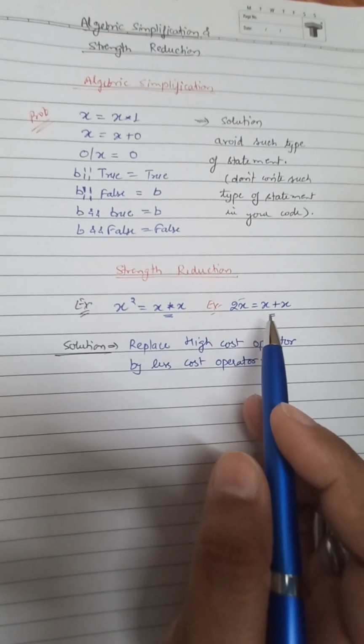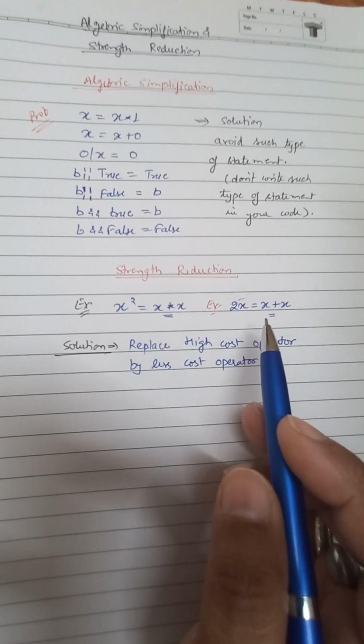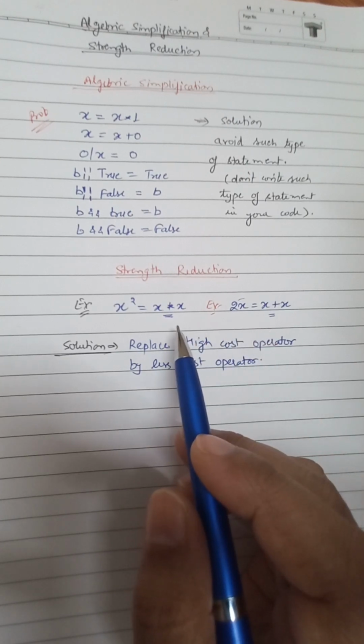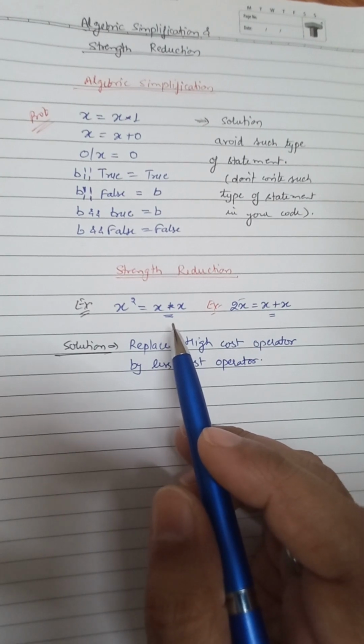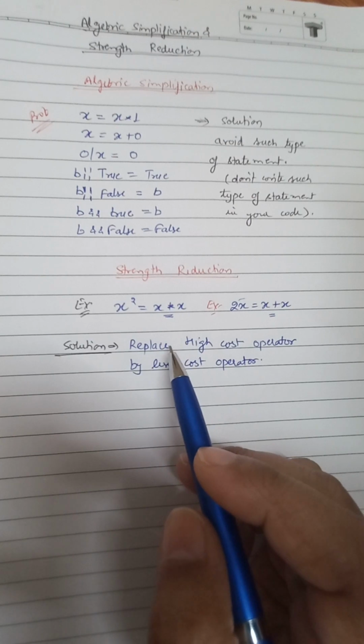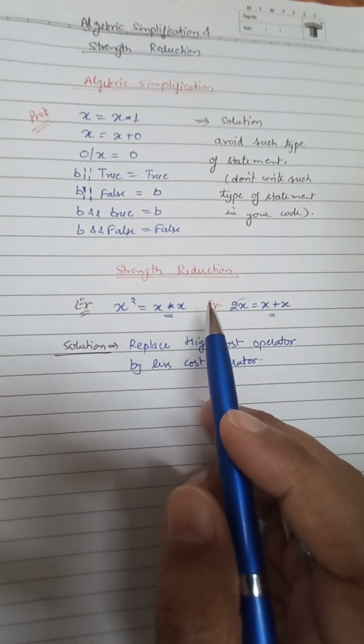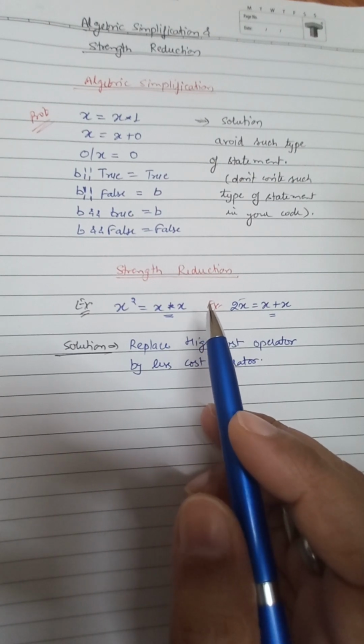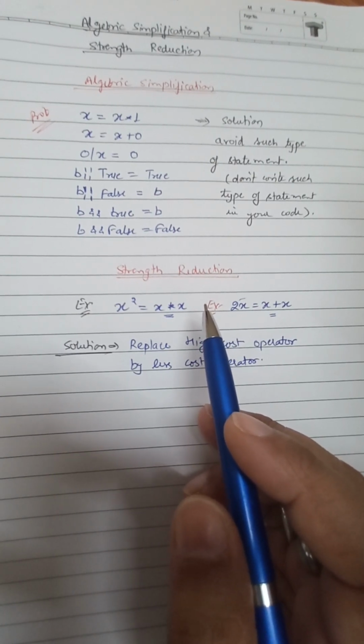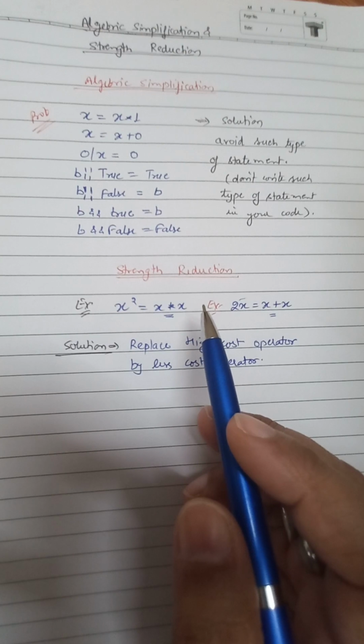This is correct, here we are using addition. This is a low cost operator, no problem, but this is a high cost operator because multiplication is there, right? So with the help of recursion, we can write such a statement so that we can use the less cost operator instead of the high cost operator. So that is the meaning of strength reduction in our code. If it is possible, utilize it, use a less cost operator instead of a high cost operator.